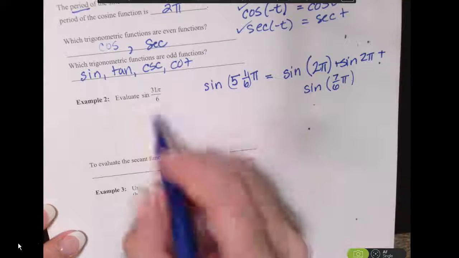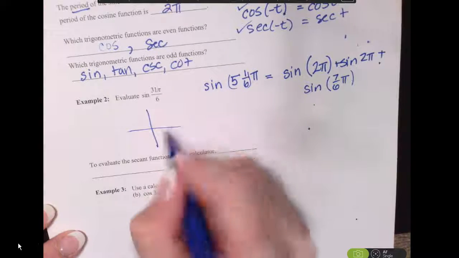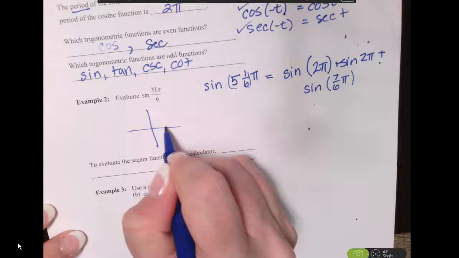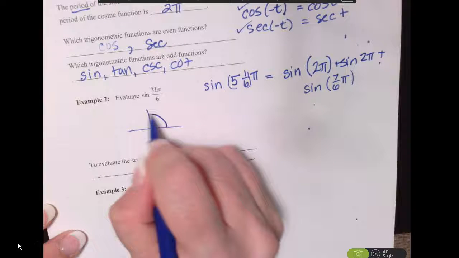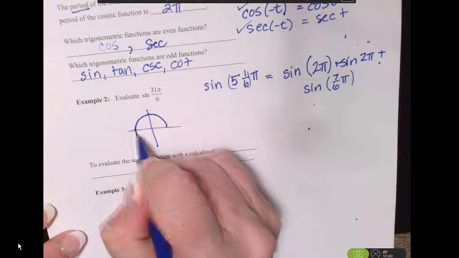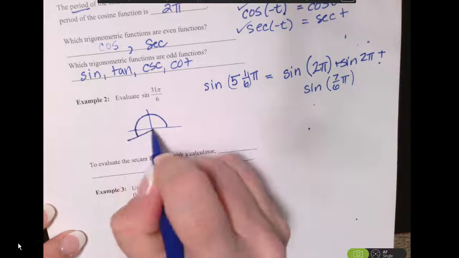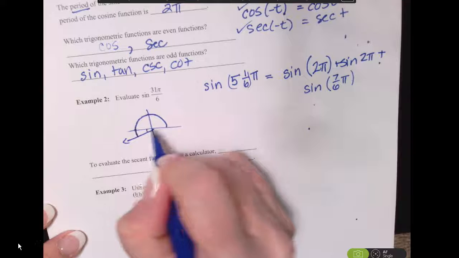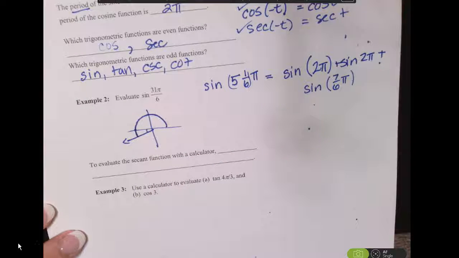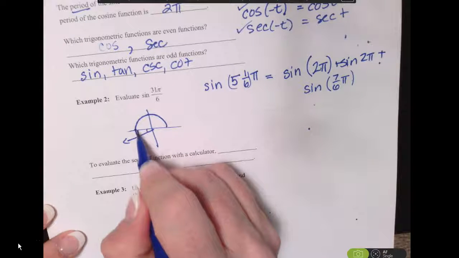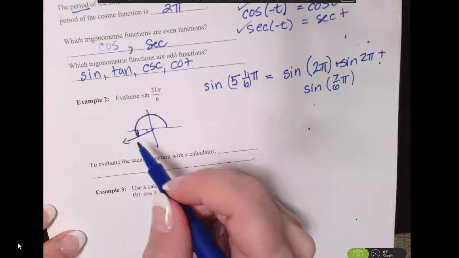So the sine of 7/6 pi, and let me visualize where 7/6 is, that is 1 1/6, so it's 1 full pi, which is 180, and then it's 1/6 of the way down here. So the reference angle is pi over 6, and I'm looking for the sine, so I'm looking for this height right here.